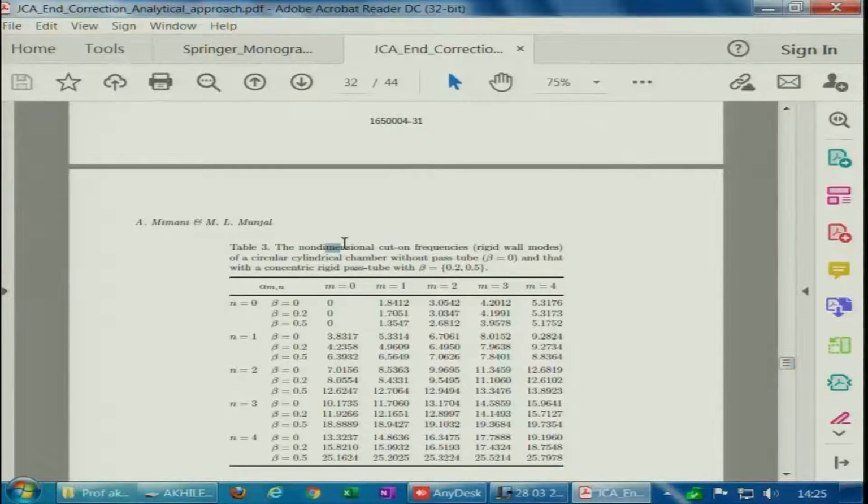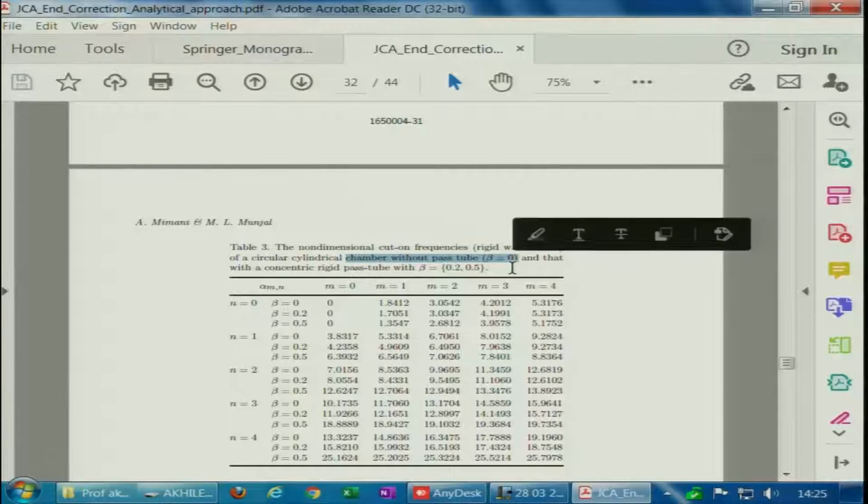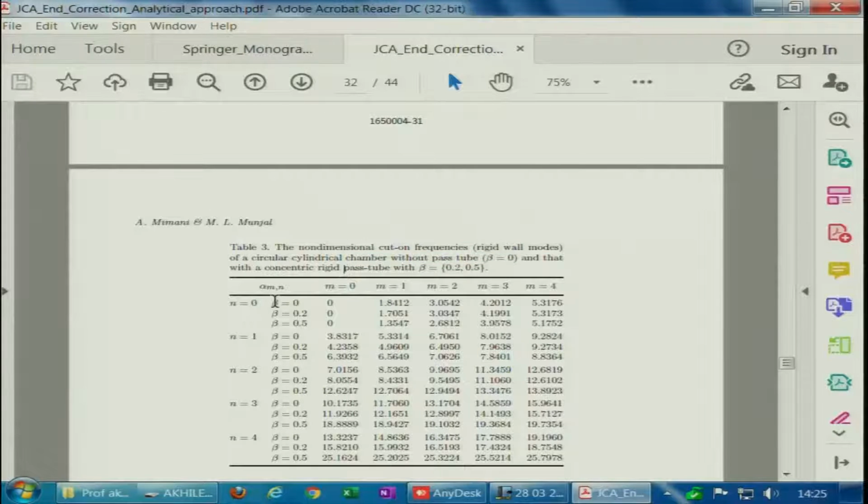These are non-dimensional cut-on frequencies for a circular chamber without a pass tube and that with a pass tube. Instead of a pass tube, it is basically a concentric annular region, and beta is equal to 0.2. Plane wave mode always exists, but let us focus only on the column here. These things are not quite relevant right now.